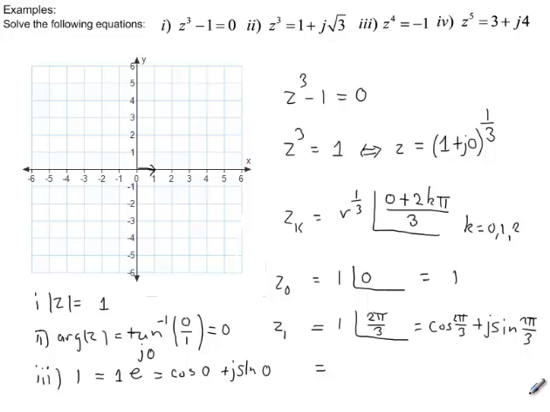What are the values? Cos 2 pi over 3 we said was minus 0.5, plus j square root of 3 over 2. I think it's better to leave it like that. I think it is going to be easy to check.